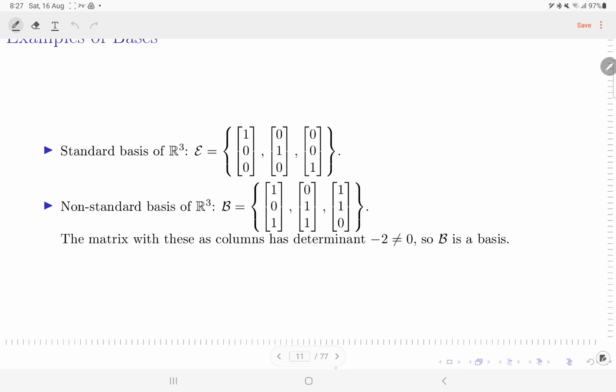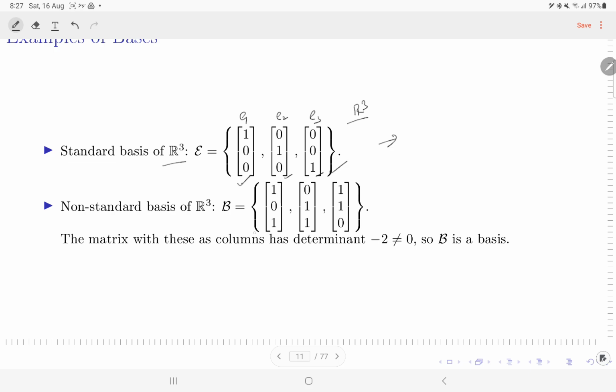Let's see through an example. For the standard basis in R3, let's say this is E1, E2 and E3. These three vectors will be the standard basis because they are linearly independent. How can you show that? Just use the previous concept and you can show that these are linearly independent, and of course you know this.